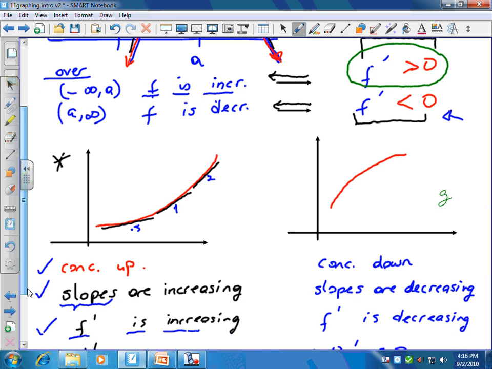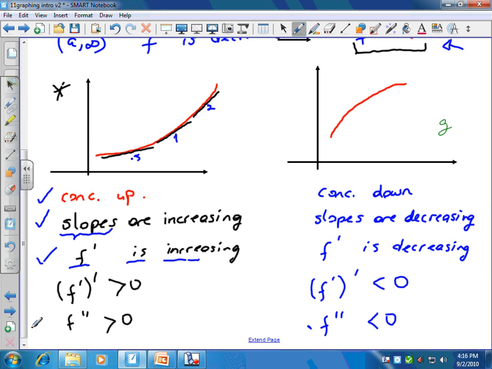Well, in this situation, the slopes are increasing. f prime is increasing. So if a quantity is increasing, then its derivative, so f prime prime, should be greater than 0, based on what we learned up there. So f prime prime happens to be f double prime. So here's the conclusion. If a graph is concave up, we expect the second derivative to be positive.